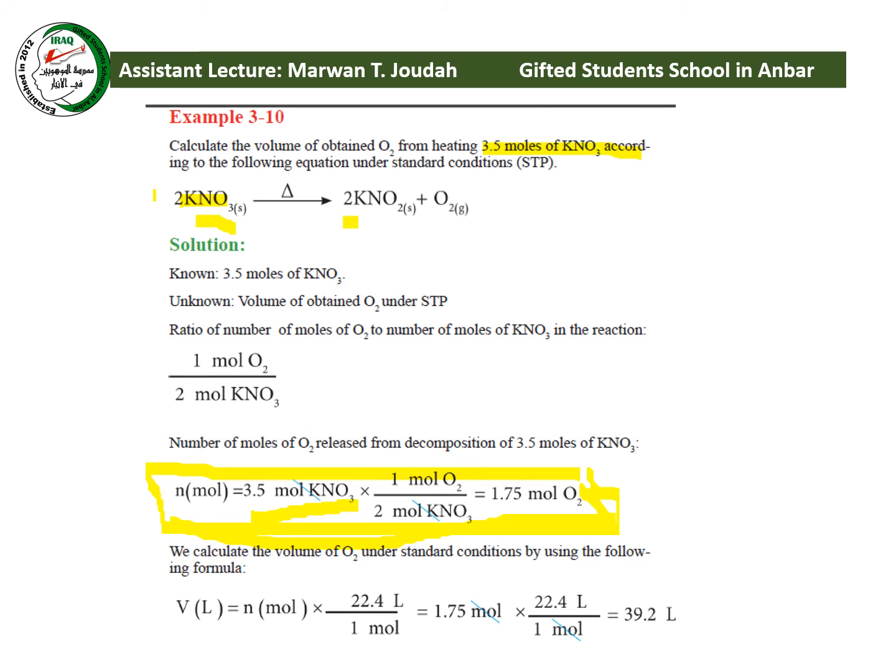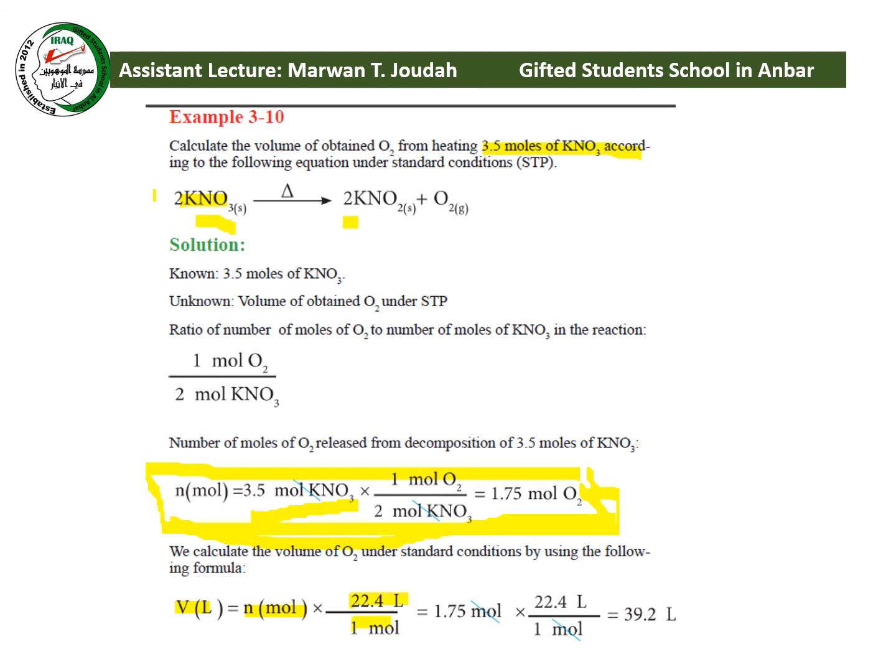From the number of moles of oxygen, we can calculate the volume of oxygen. As we mentioned in the previous slides, there are 2 laws that you need to memorize. This is one of them. The volume of any substance equals the number of moles of that substance, the same thing with oxygen, times 22.4, this constant value, over 1 mole.